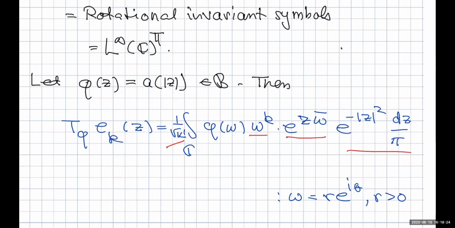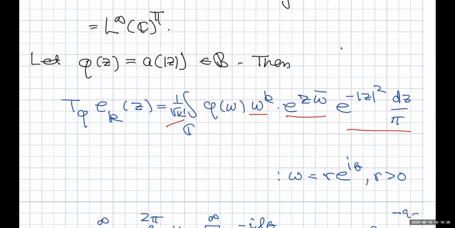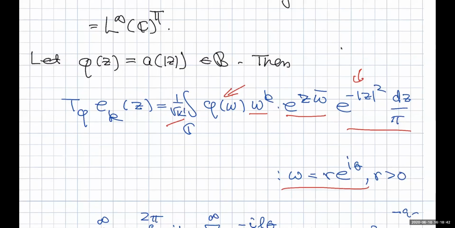Okay, what is important now, you know this is rotationally invariant, and this is rotationally invariant. You use this symmetry to use polar coordinates in the complex plane, okay?